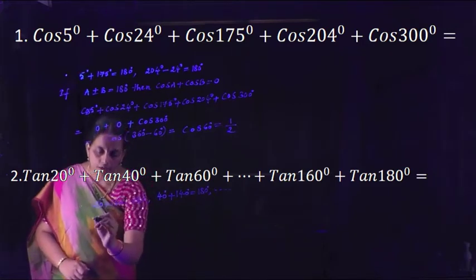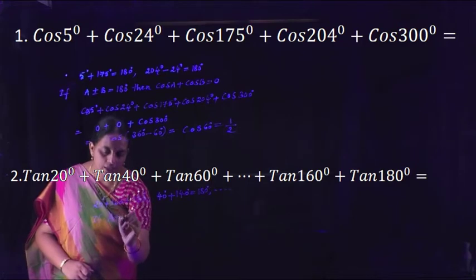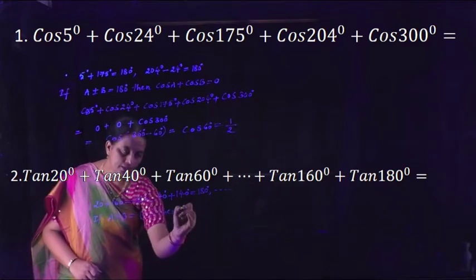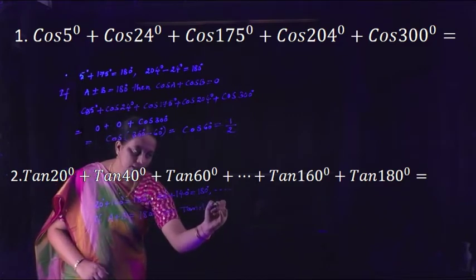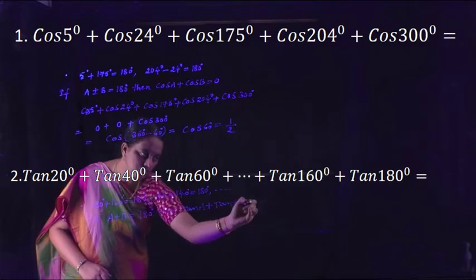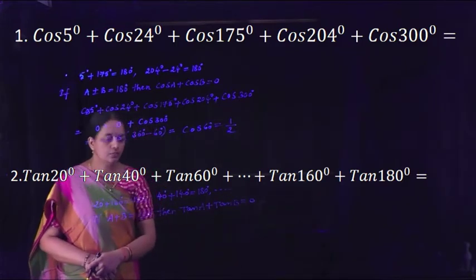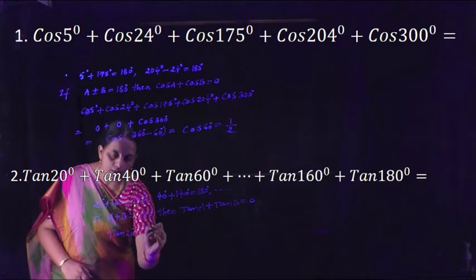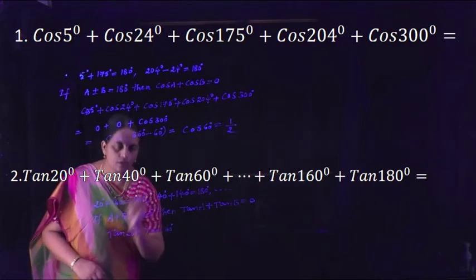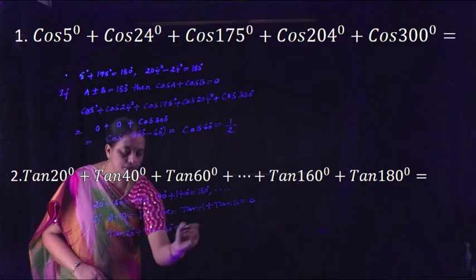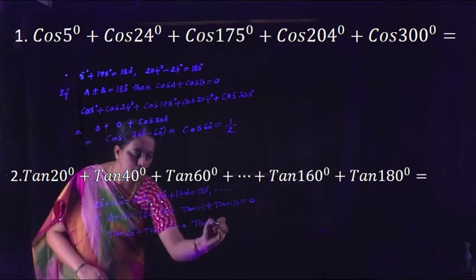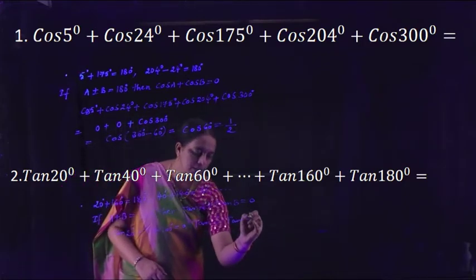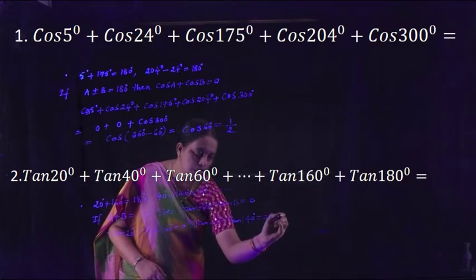We know that if A plus B is equal to 180, then tan A plus tan B is equal to 0. By using this formula, we can write tan 20 plus tan 160 equal to 0 and tan 40 plus tan 140 is equal to 0 and so on.